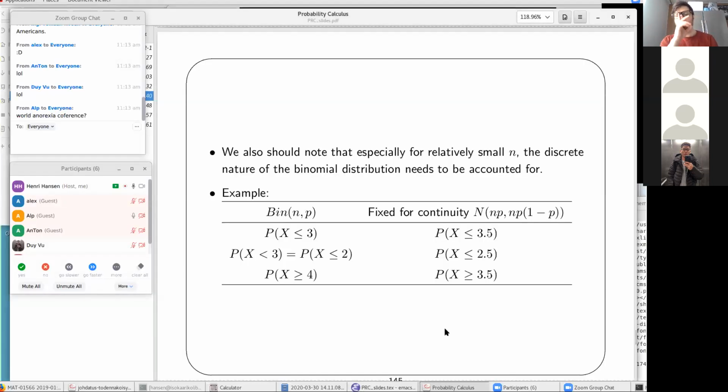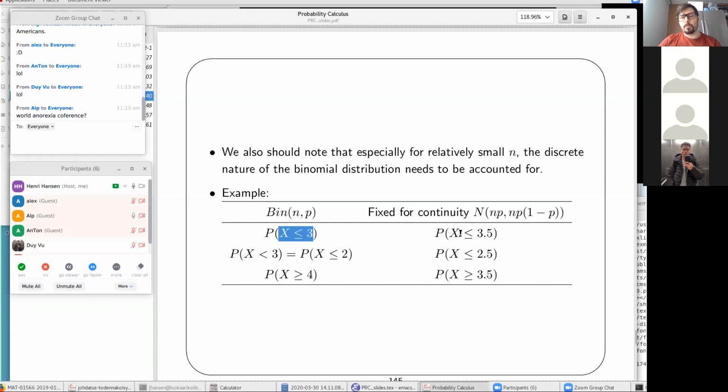Now it's better. Especially for relatively small n, the discrete nature of a binomial distribution needs to be accounted for, because binomial distribution is a discrete distribution. So for fixed numbers, the cutoff should be at 3.5 and not at 3. Here we have the cases x equal 1, 2, and 3.